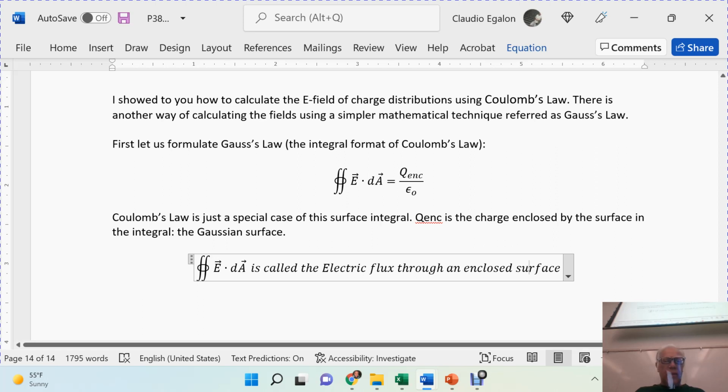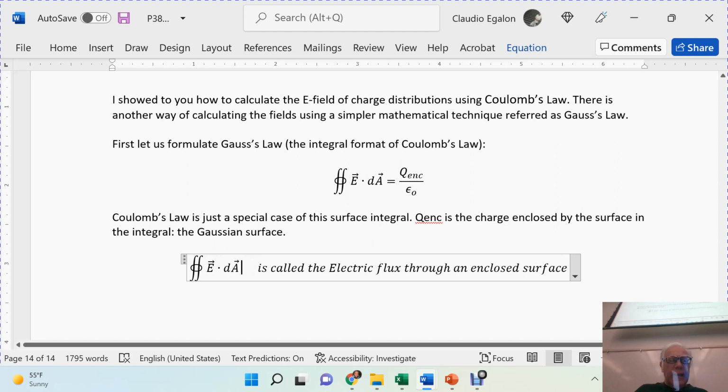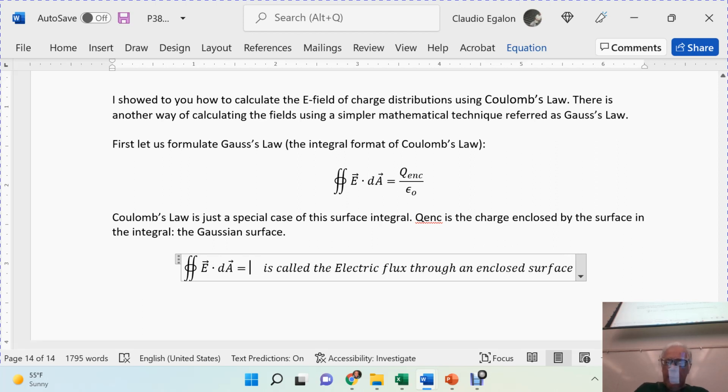It is usually represented by the letter phi, capital Phi.